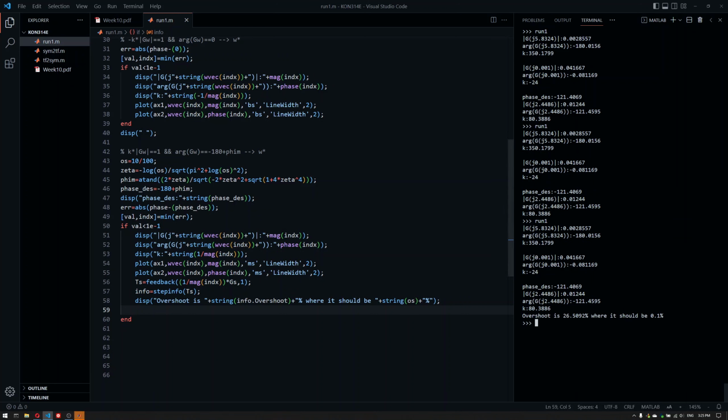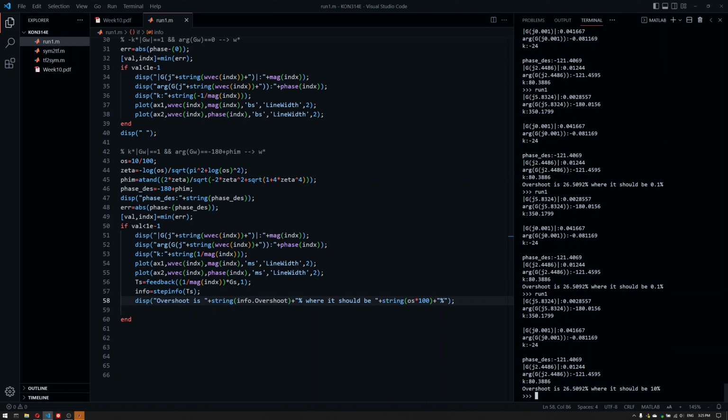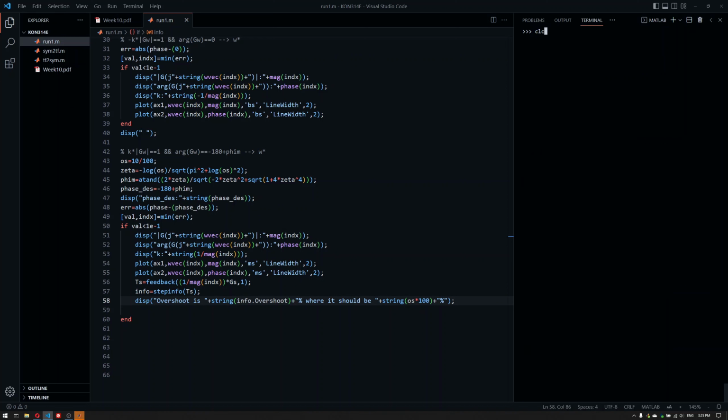So it should be 100 times this, because of the way of our definition. So there we go. Now we can see that the overshoot here is 26.5% instead of being 10%, which was our aim.